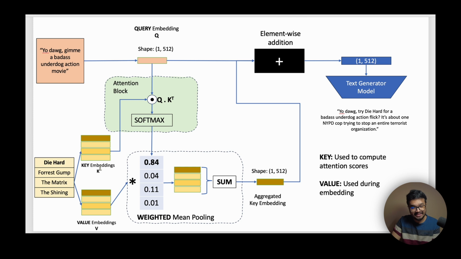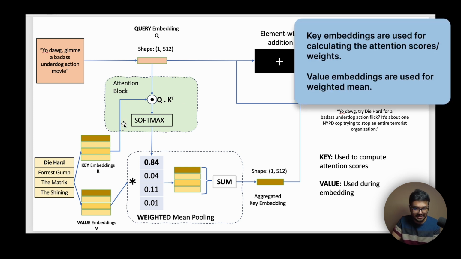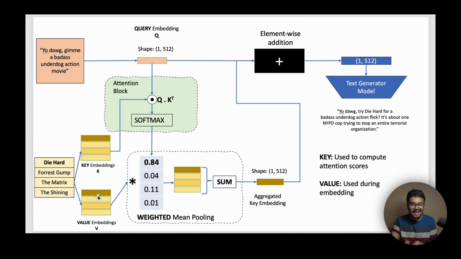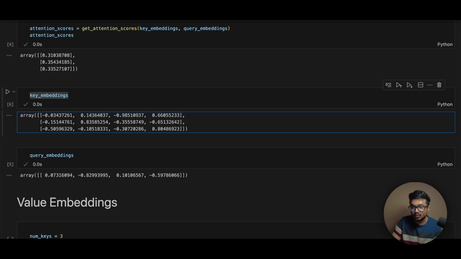The difference between having separate key and value embeddings is that you use the key embedding to compute this softmax operation to score each of the weightage values, and then you use the value embeddings to do this weighted mean operation, where you are aggregating not from the key anymore, you're aggregating from the value. What that does is it gives a more general model of combining these items with queries. So hopefully that makes some sense. We are going to jump into code now to see how it all actually works under the hood.